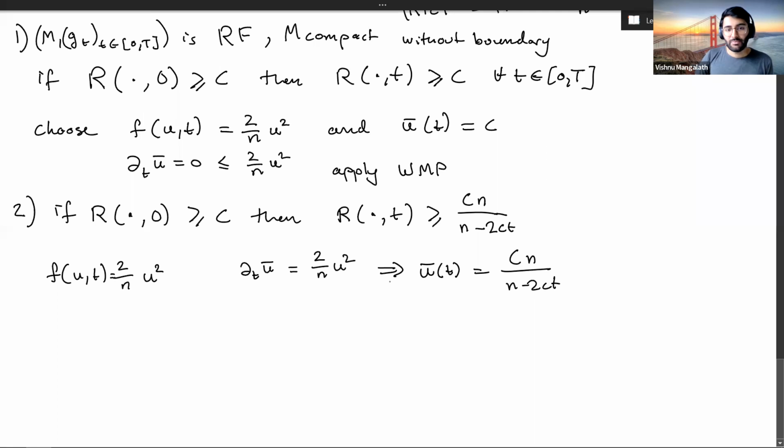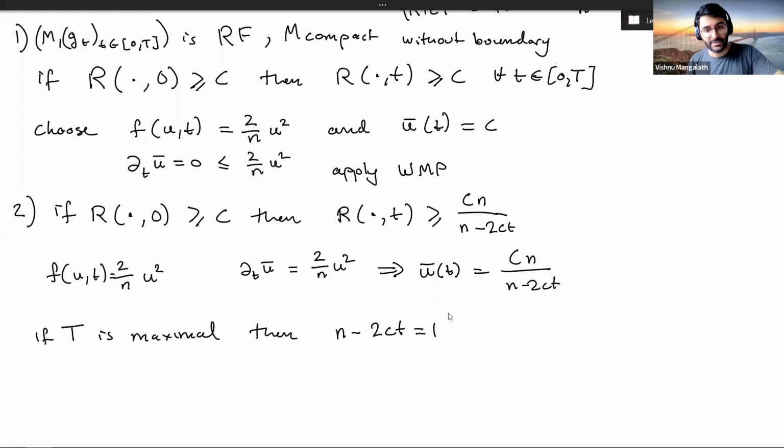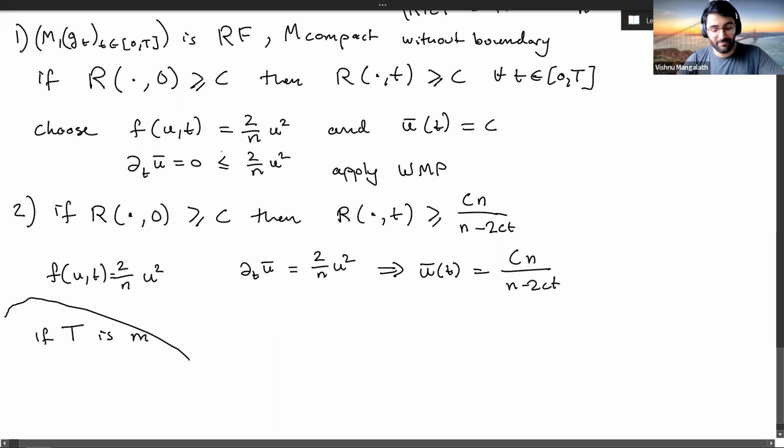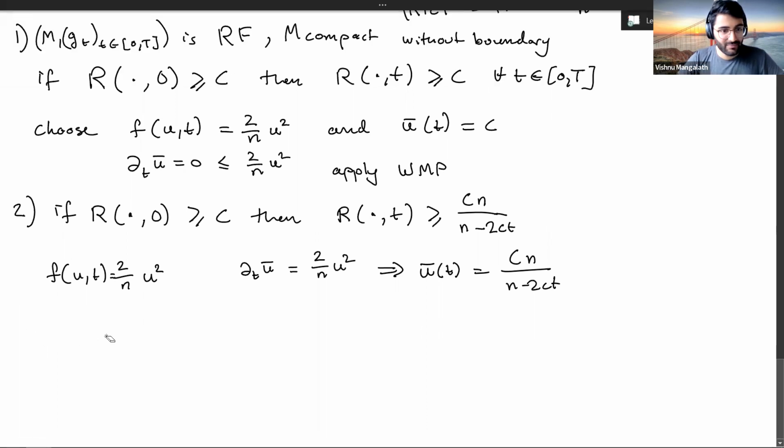Then again apply the weak maximum principle. One consequence of this is that if T is maximal, you would expect that the scalar curvature becomes unbounded as t approaches capital T. Clearly the scalar curvature becomes unbounded when n-2ct equals 0.